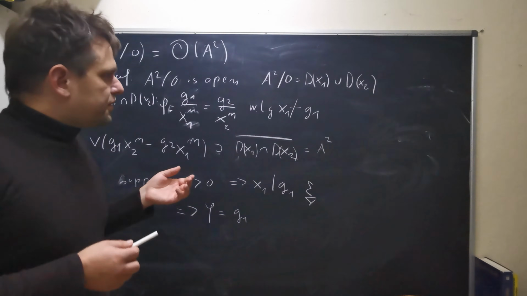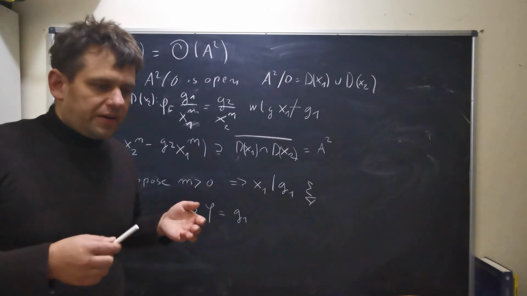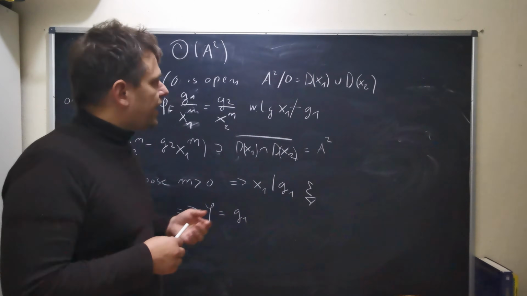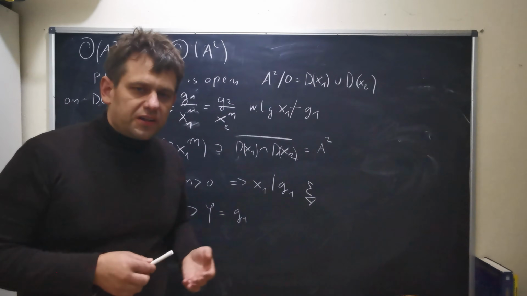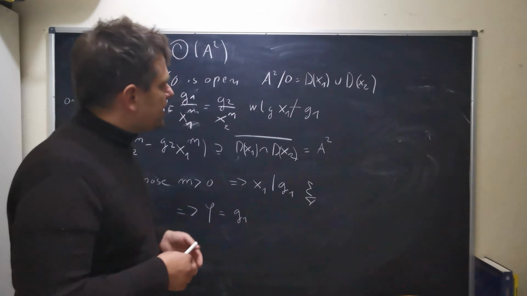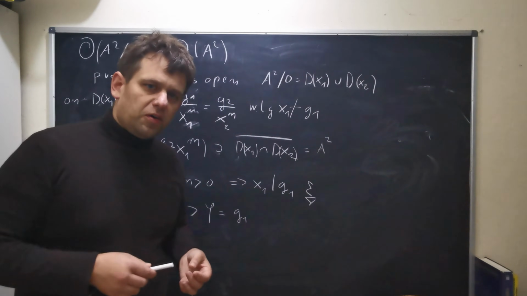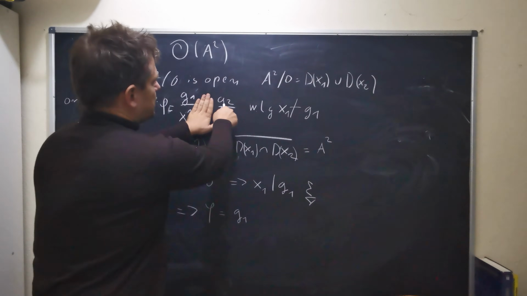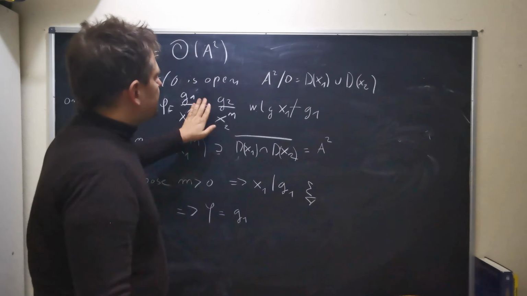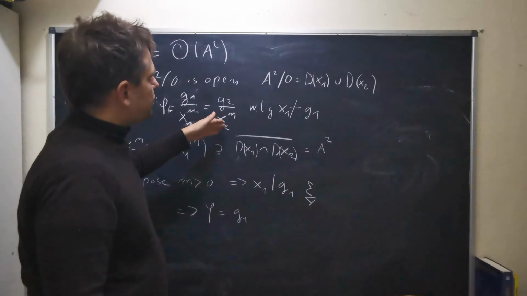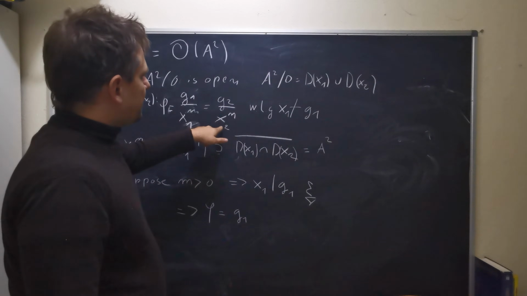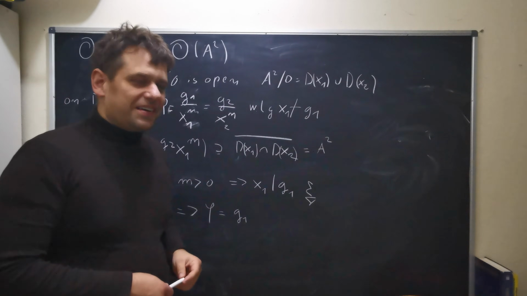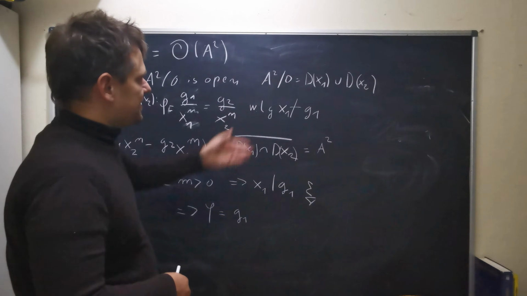Now remember, a result about regular functions on distinguished open subsets was that you can write every regular function on a distinguished open subset in the form some polynomial, for instance, like this on D(x2), some polynomial g2 divided by some power of the polynomial which is non-vanishing on this distinguished open subset.